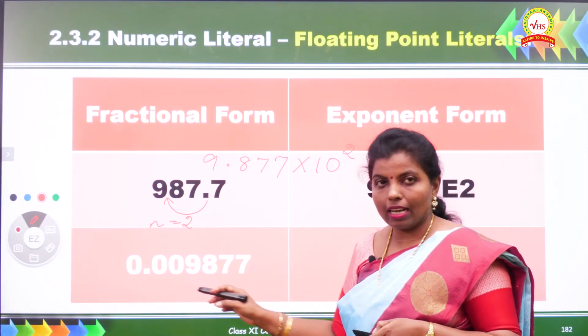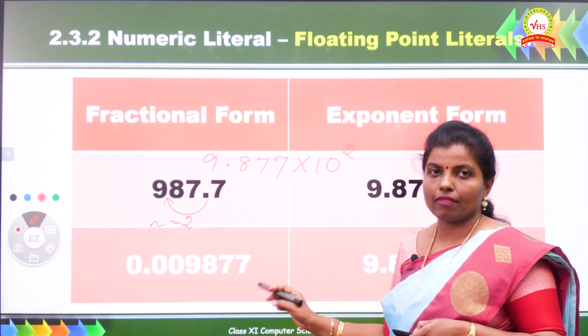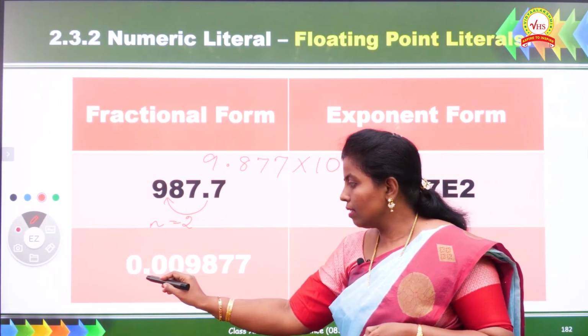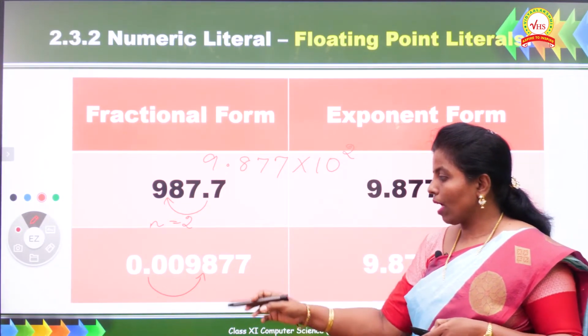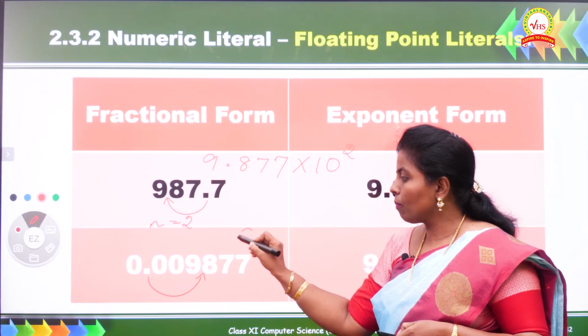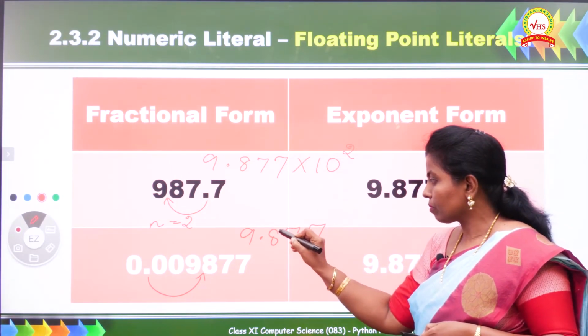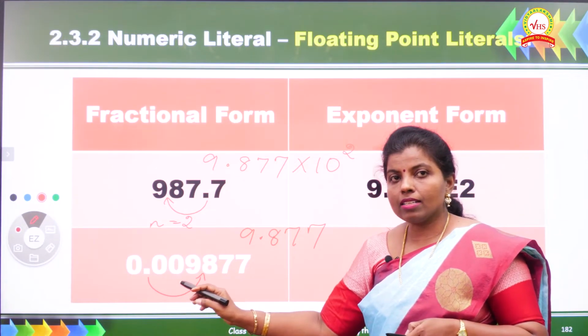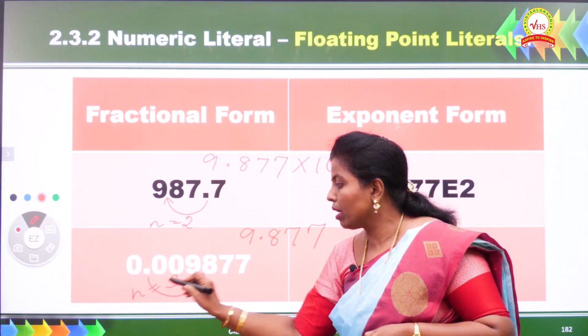Same as we have got another number, 0.009877. In this again, this decimal point I have to move after the number 9. So, when I move after the number 9, it takes the form 9.877, and how many digits have I moved? I have moved 3 digits. So, the value of n is going to be 3.